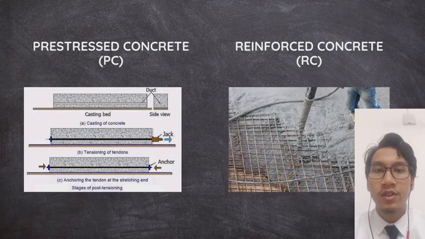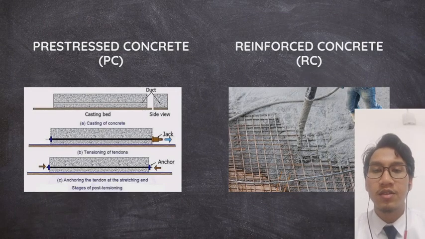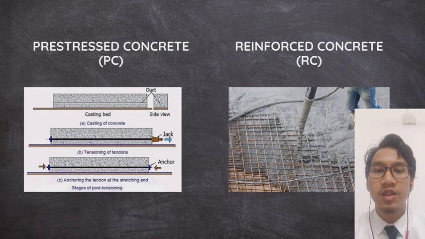Before we go any further, I want to explain a little bit about PC and RC. Pre-stressed concrete is a system devised to provide sufficient pre-compression in the concrete beam by tensioning steel wires, cables, or rods so that under working condition, the concrete has no tensile stresses, or the tensile stresses are so low that no visible cracking occurs.